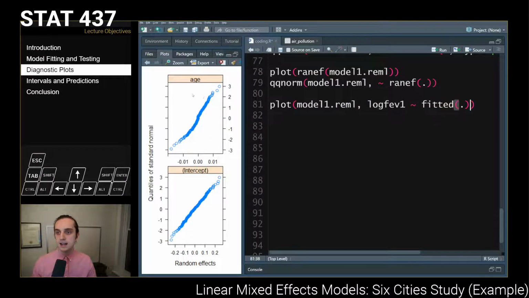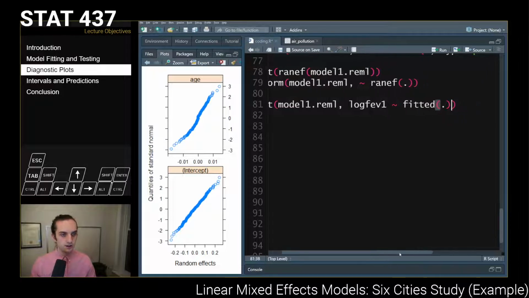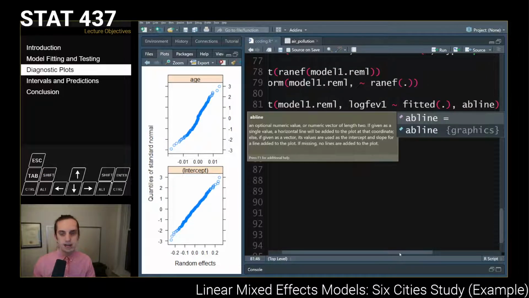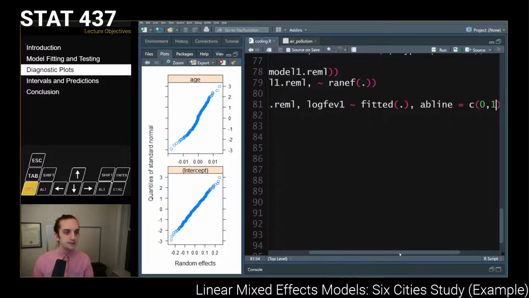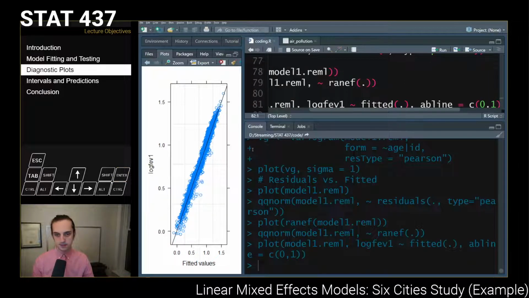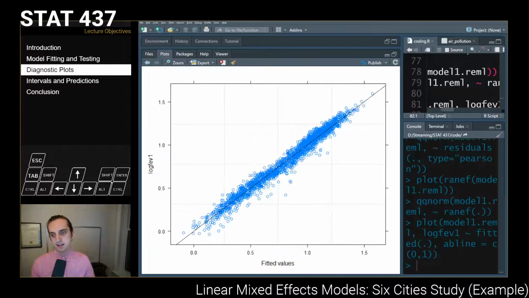These should roughly pass around the line y equals x, so I can add that line to this chart by adding abline(c(0,1)). Now we have the observed versus the fitted values, and you can see we get a nice fit around the line, so the fit of the model appears to be quite good as well.